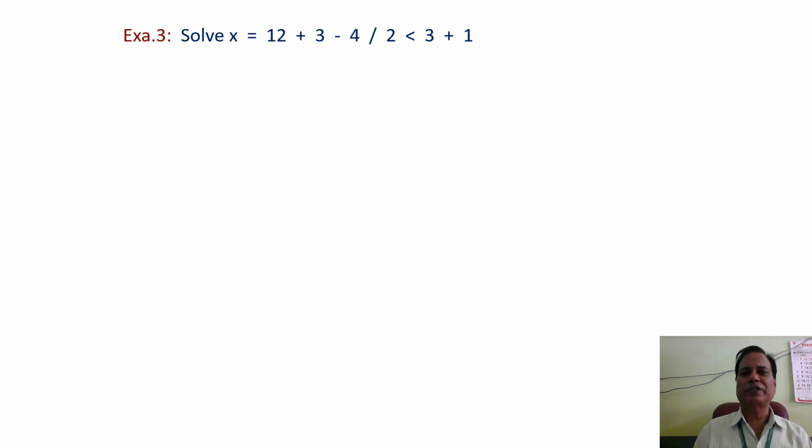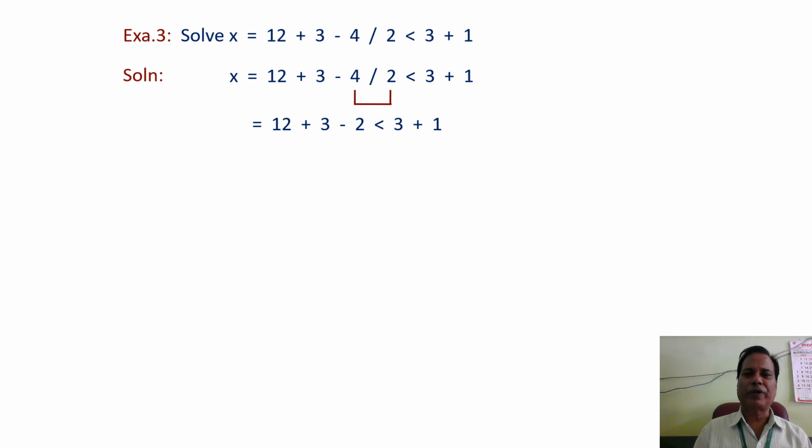So in this expression, while solving, we have to solve like this. Again we have a division operator that has the highest priority among all. So 4/2 results in 2, and the expression now becomes 12 plus 3 minus 2 less than 3 plus 1.